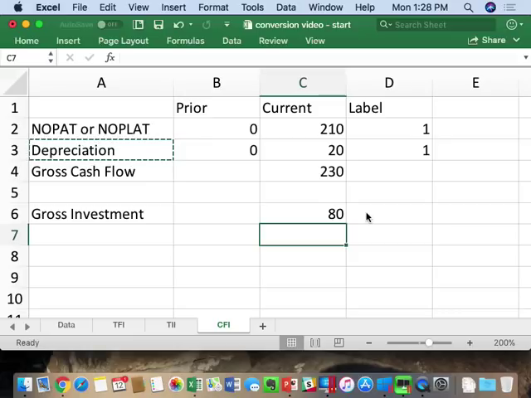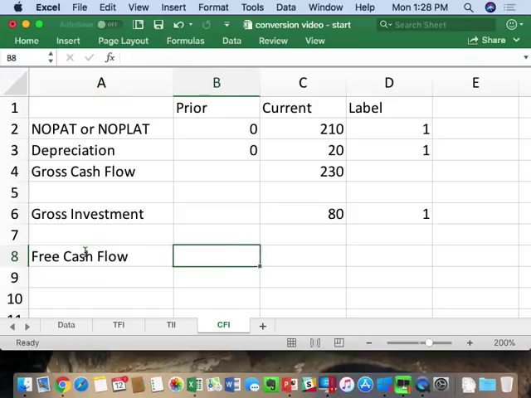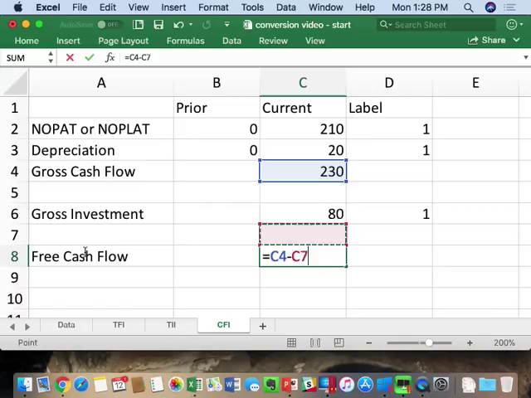So we're going to have 80 of gross investment. That's just the formula from the book: change in operating invested capital plus current year's depreciation is your gross investment. That will get you your free cash flow, which is the 230 minus the 80.